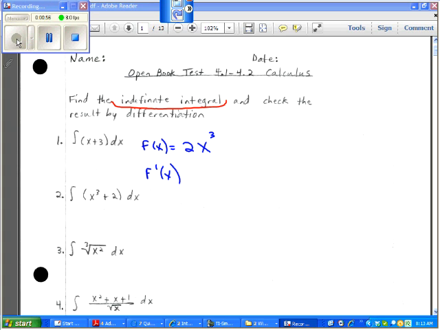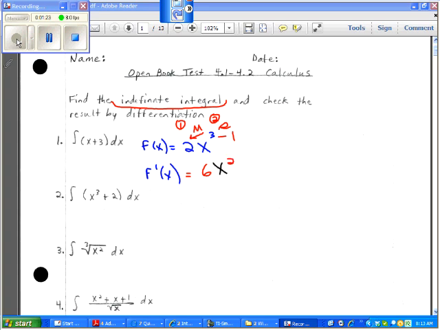The rule would be to multiply the exponent times the coefficient, and then subtract 1 from the exponent. So we multiplied first, we subtracted second, and then we would have 6x squared.